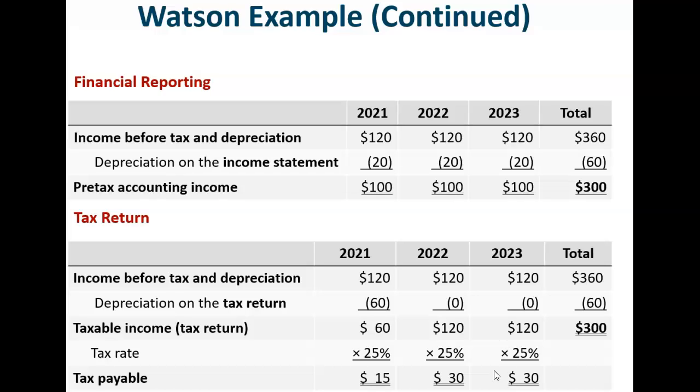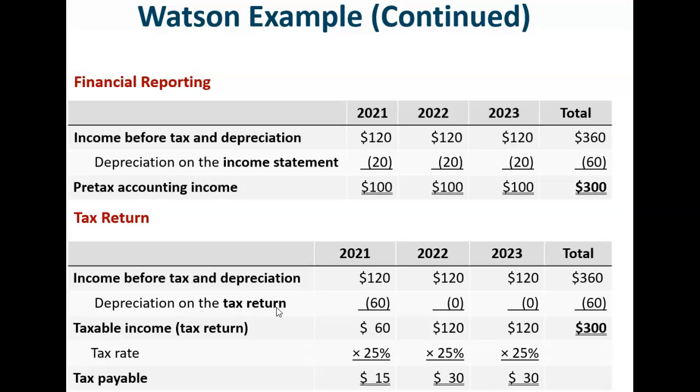Likewise, investors might not realize that Watson anticipates higher taxes payable in the future. So Watson should recognize income tax expense based on the accrual concept, just like other expenses.